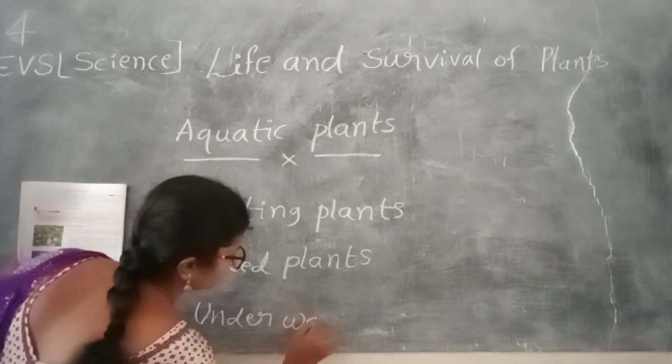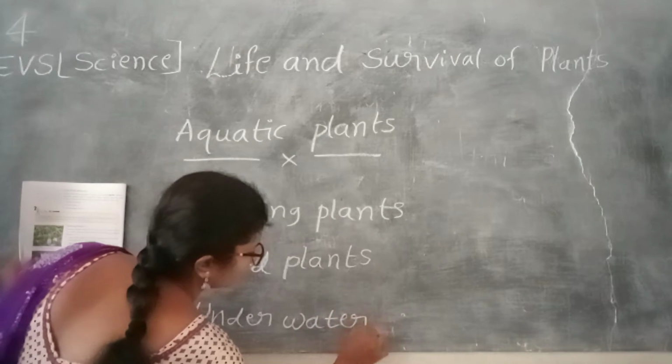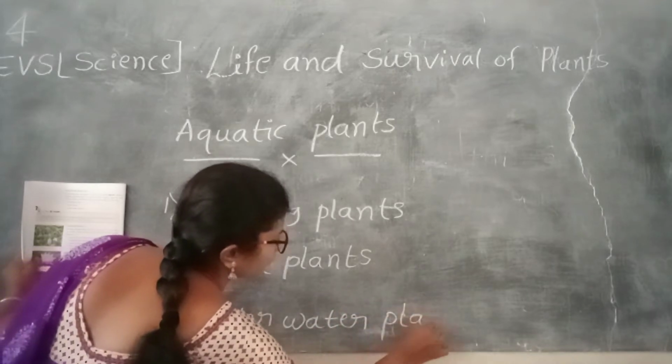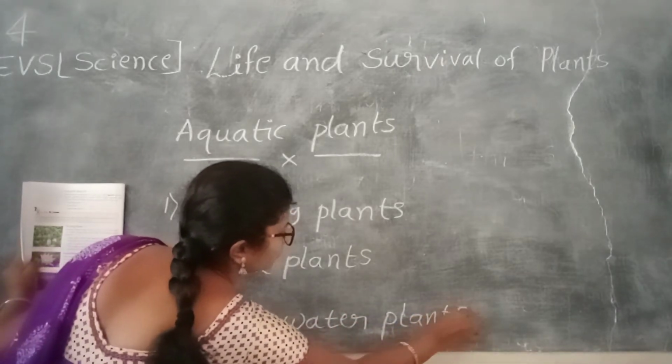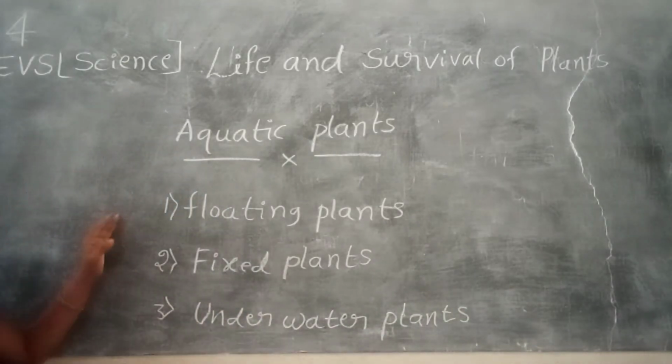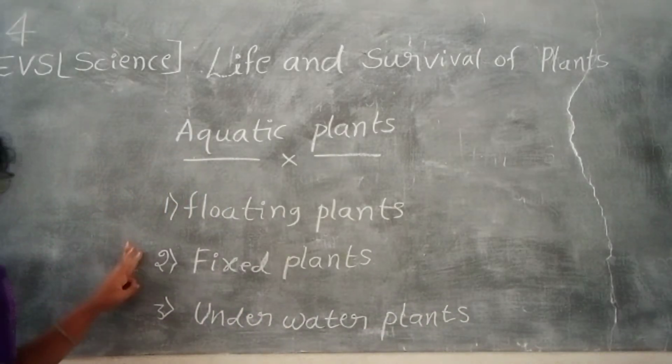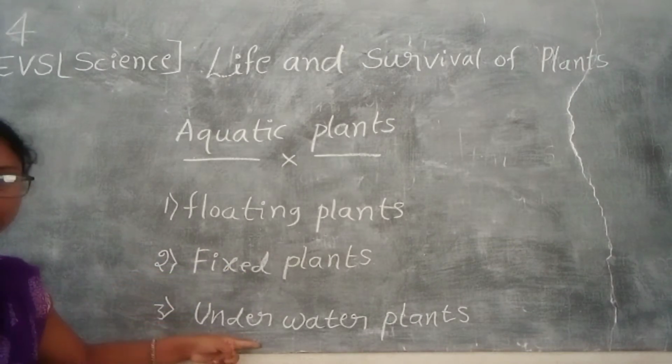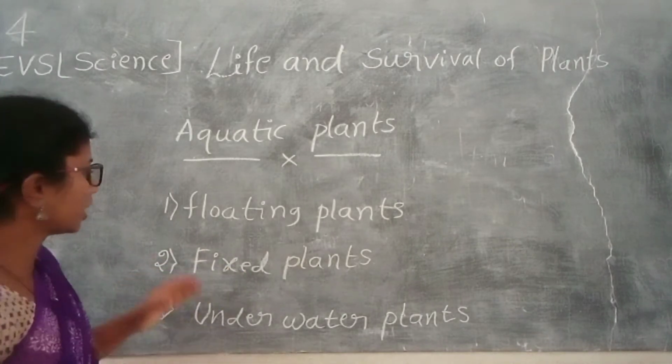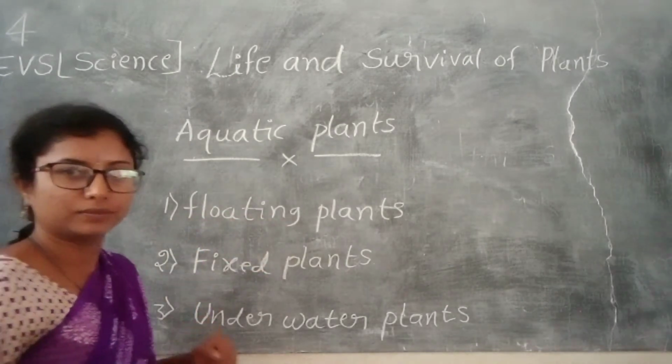Aquatic plants are further classified into three types: floating plants, fixed plants and underwater plants. Now we shall discuss floating plants.